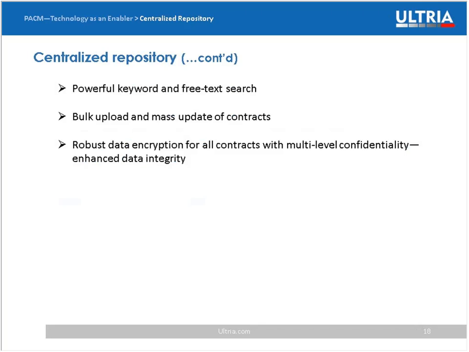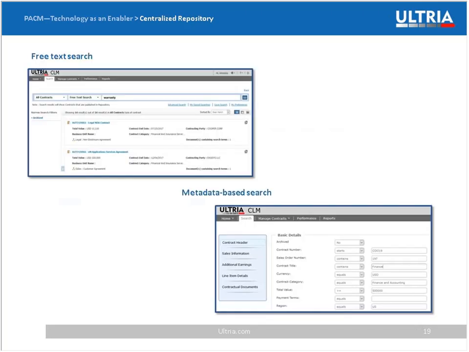So the Ultria CLM provides, as part of its common repository, the ability to run free text search and to run more structured metadata-based search. So any content within an agreement, within its exhibits, its schedules, its addendums, its additional componentry can be searched, each and every single word.